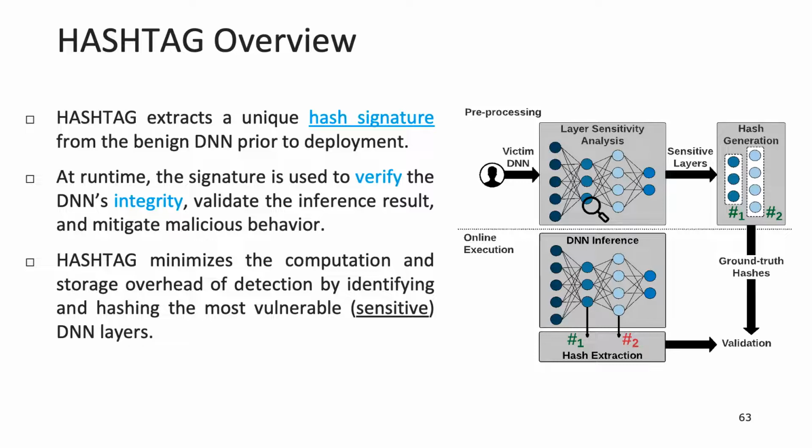And the comparison result will be used to verify the integrity of the neural network. And from the design perspective, Hashtag also minimizes the computation and storage overhead of fault detection, which makes it lightweight and applicable on embedded systems as well.